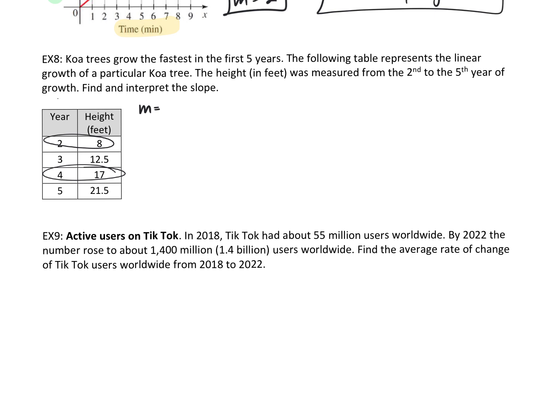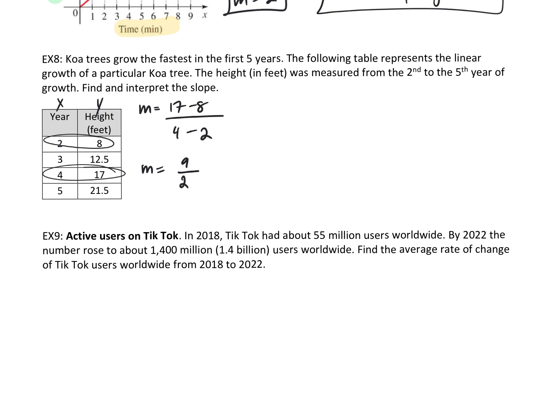So again, these are my x, these are my y. So the change in y, so we have 17 minus 8 over 4 minus 2. You could have picked different points. I just went ahead and picked these. So 17 minus 8, that's going to be 9. 4 minus 2 is going to be 2. All right, so what does this mean?